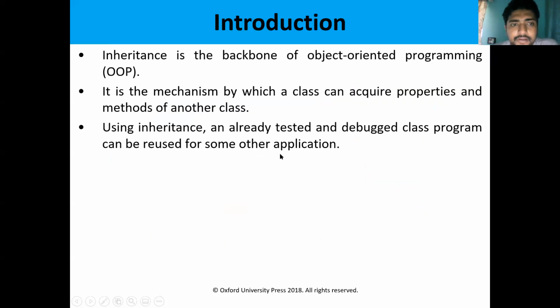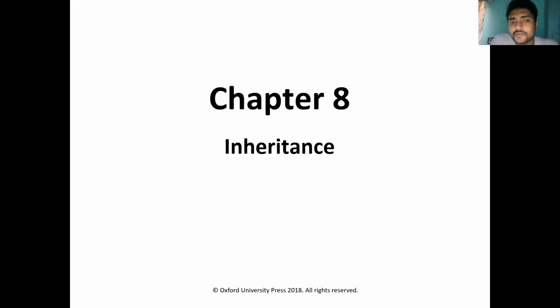Inheritance means we are going to inherit the properties, either variables or methods. That means we are reusing the variables or methods. We are going to reuse the variables declared in the base class in the subclass.